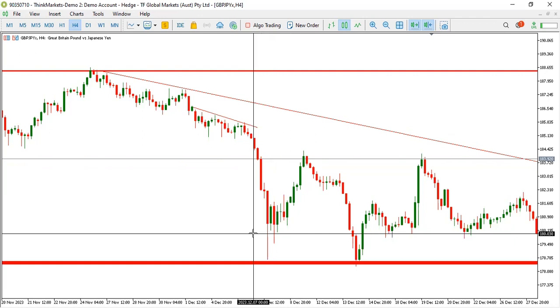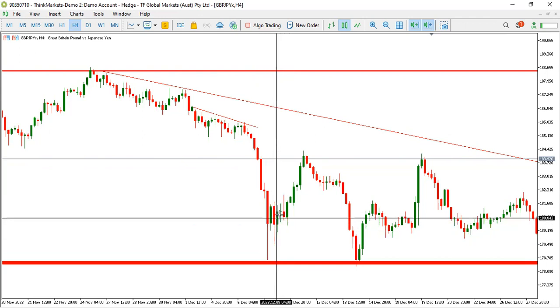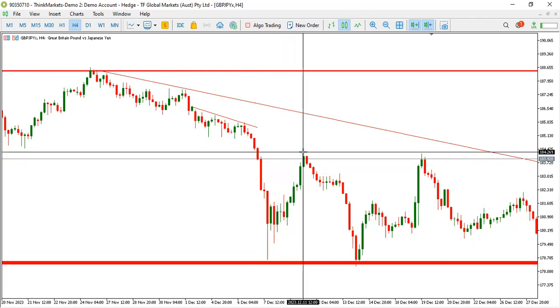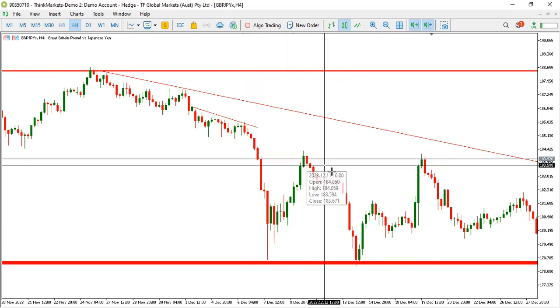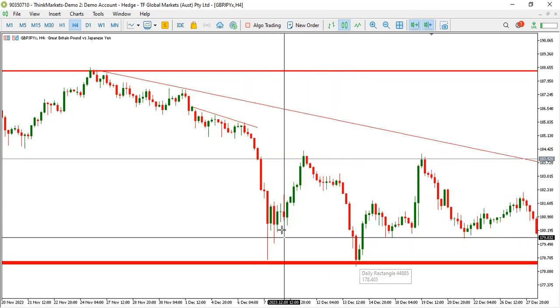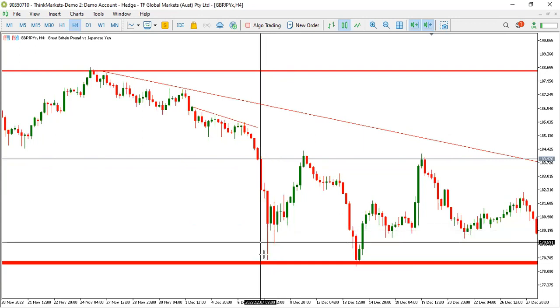Every rejection on the chart, you have to pay attention to it. Now, if you see what happened here, price started going to the upside, then dropped back. Price did what? Dropped back and filled up this rejection.